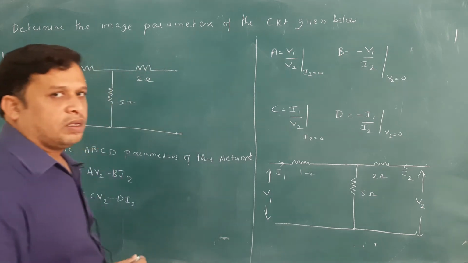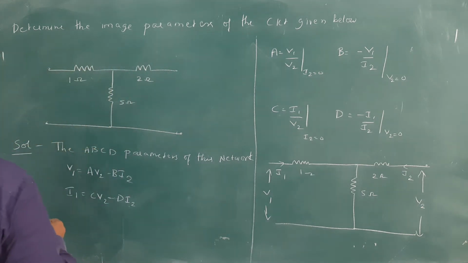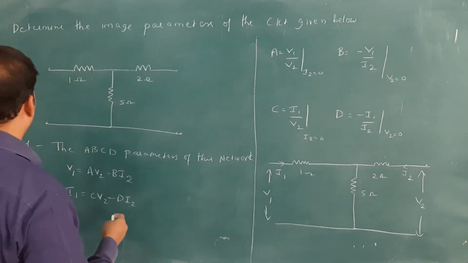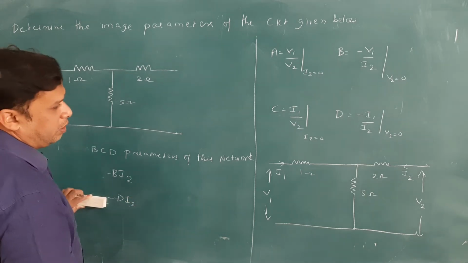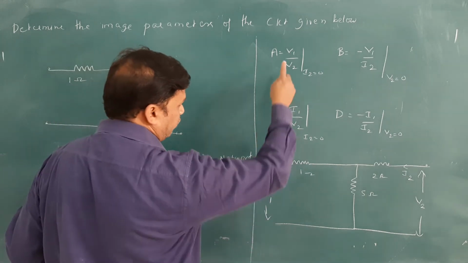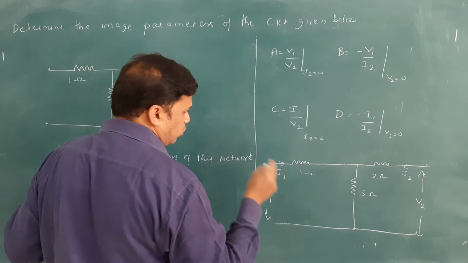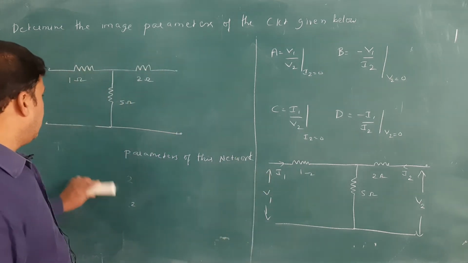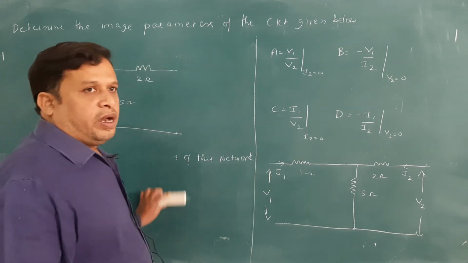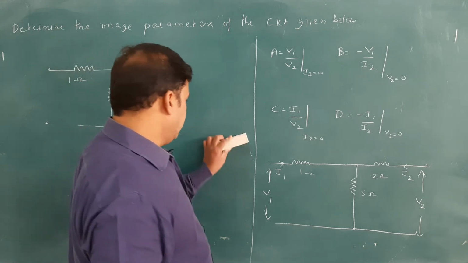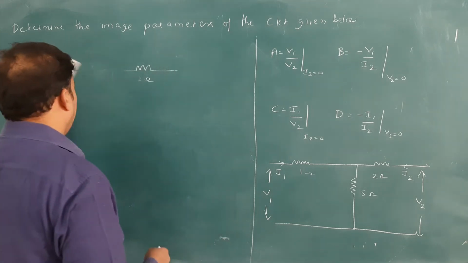Okay. Now after this you have to solve the problem for all these values: I1 by V2, V1 by V2 and I1 by I2. You can use all the laws, that is Ohm's law, and also you can apply KVL here and solve the problem.